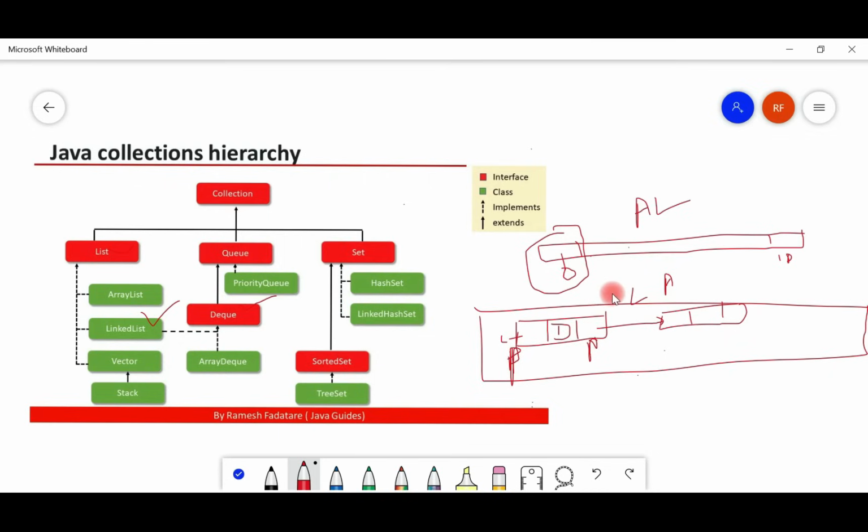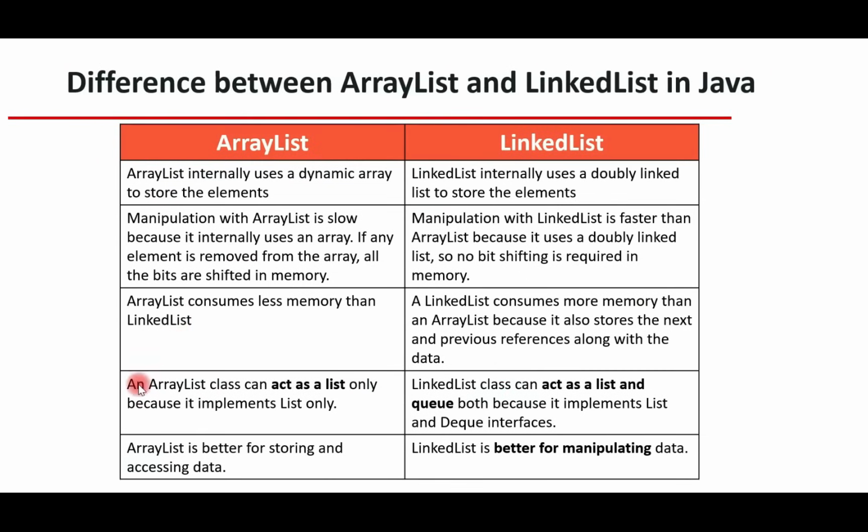Okay, got the point? And the next difference is that the ArrayList class can act as a list only because it implements only the List interface. On the other hand, the LinkedList class can act as a list and queue both because it implements the List and Deque interfaces.